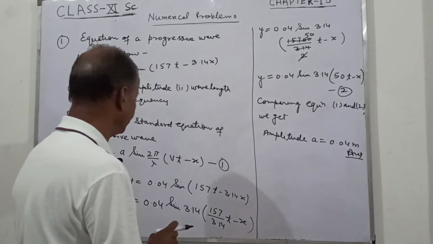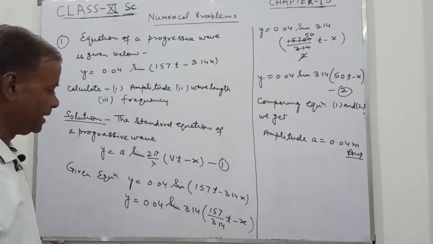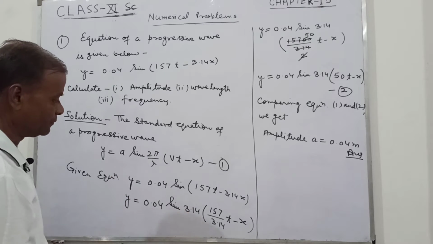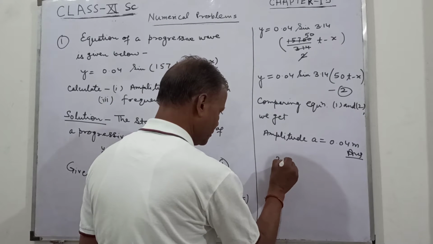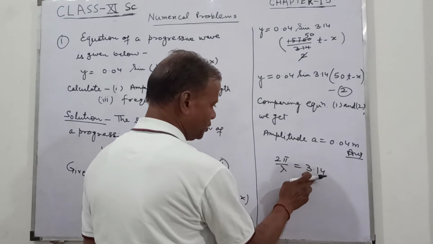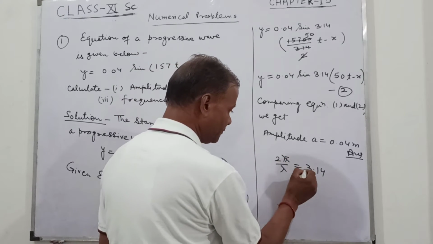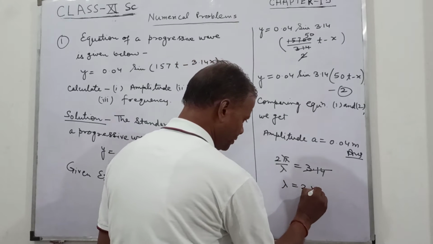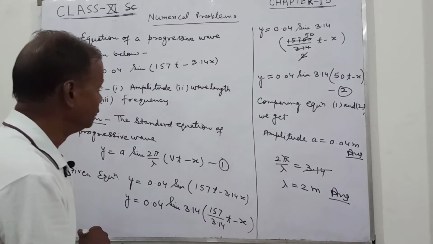This is the answer to the first question. And then wavelength: 2 pi upon lambda equal to 3.14. 3.14 is the value of pi, so this factor cancels, and lambda equal to 2 meter. This is the wavelength.